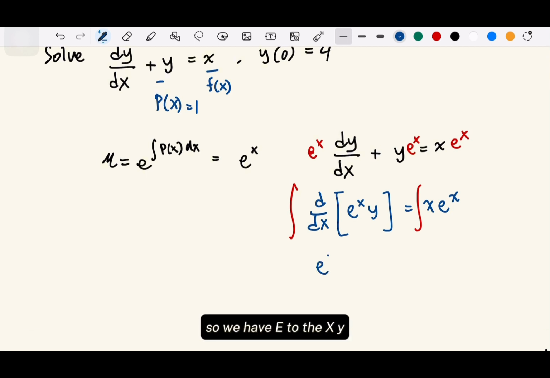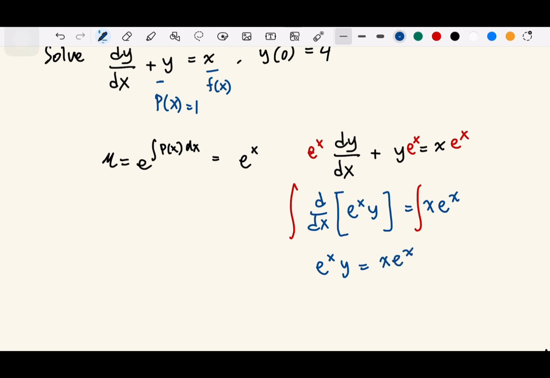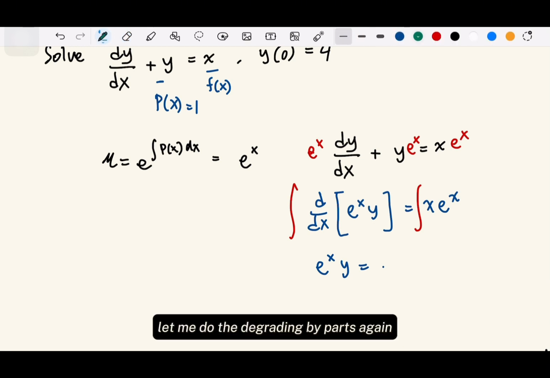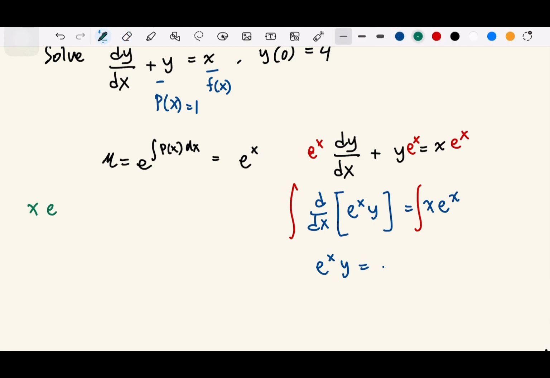So we have e to the x y. And then this will be, let me do the integration by parts again, just to make sure.